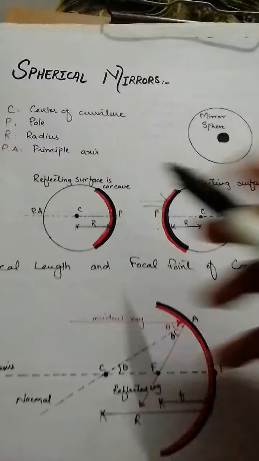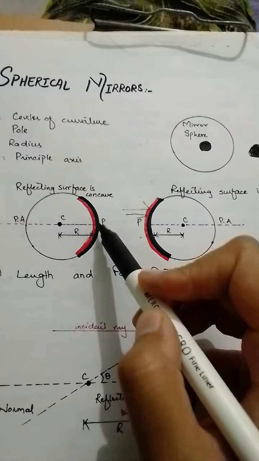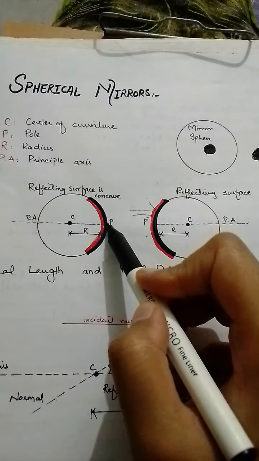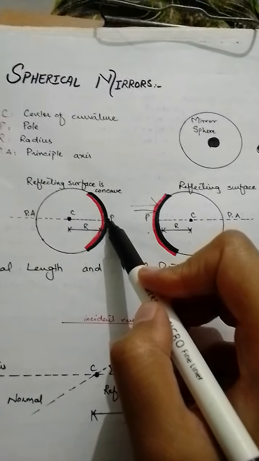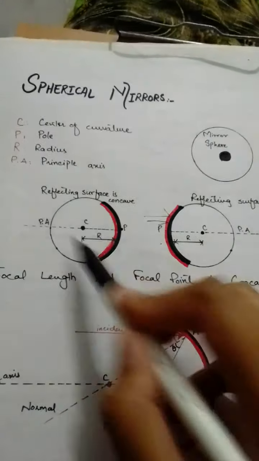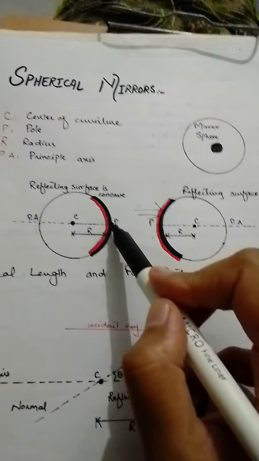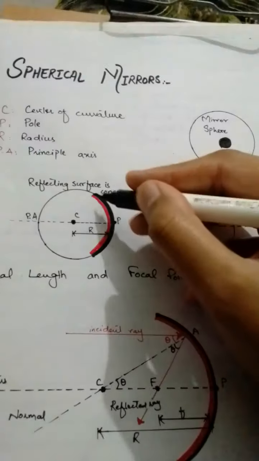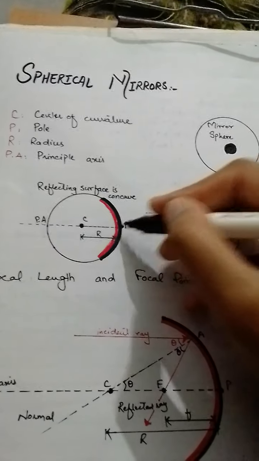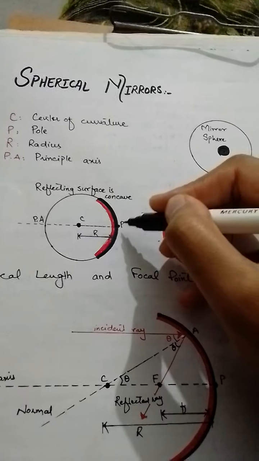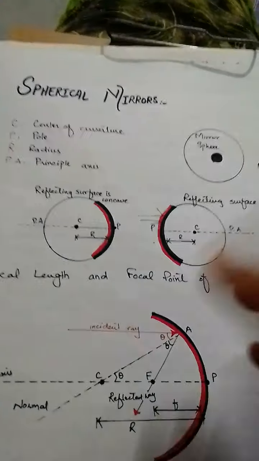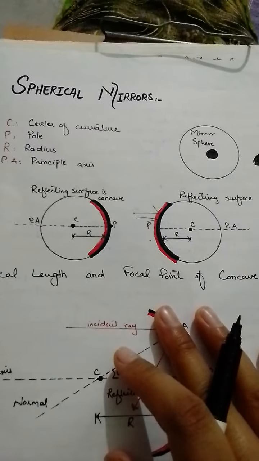Next is pole. Pole is the central point of the mirror, not the whole sphere, but of the mirror. So in this case, the central point, which we denote as P, is called the pole.